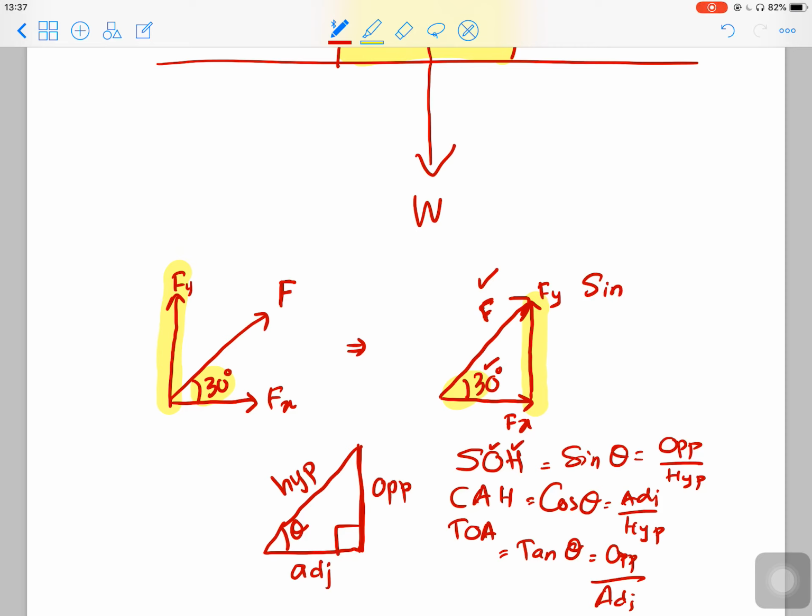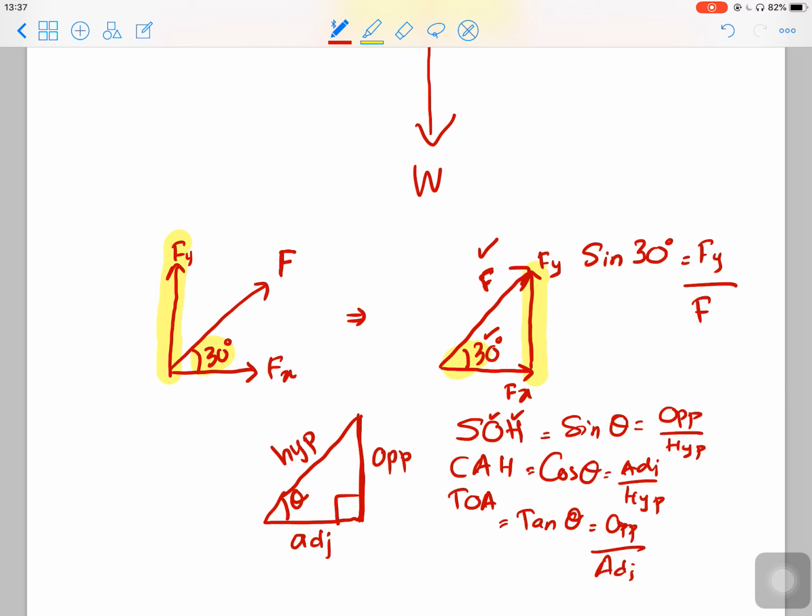Sine 30 degrees equals the opposite, which is our Fy, over the hypotenuse, which is capital F. So we can find the value of Fy by transferring F: F times sine 30 equals Fy. So Fy equals F sine 30.